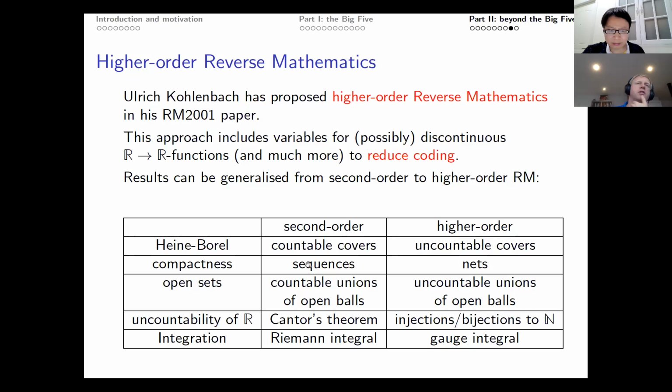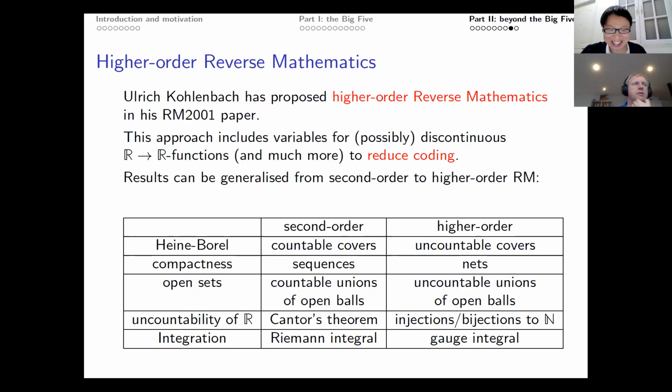And monotone convergence for sequences becomes monotone convergence for nets. So there is a big five in higher order reverse math, and essentially they're the same theorems but generalized to the uncountable. For example, theorems about the Riemann integral generalized to theorems about the gauge integral.